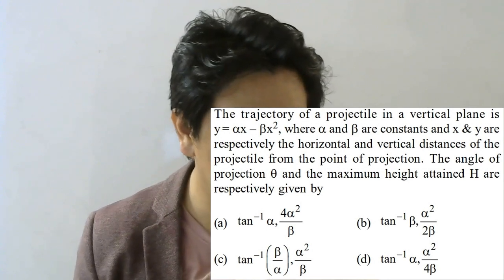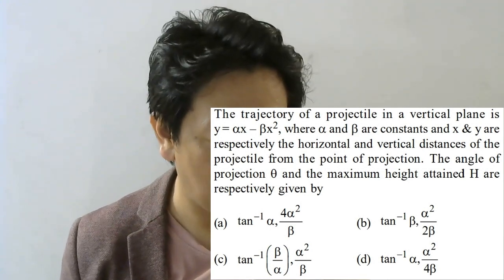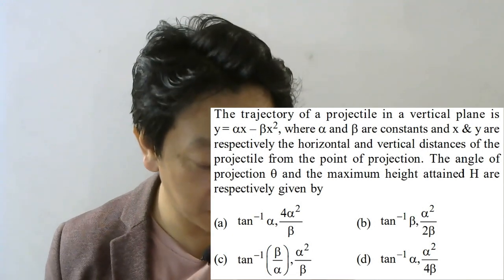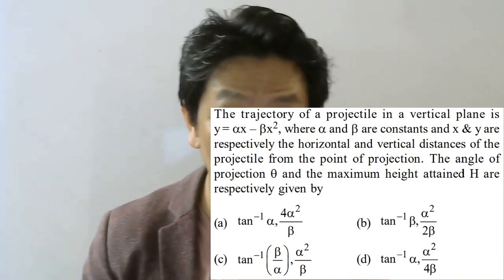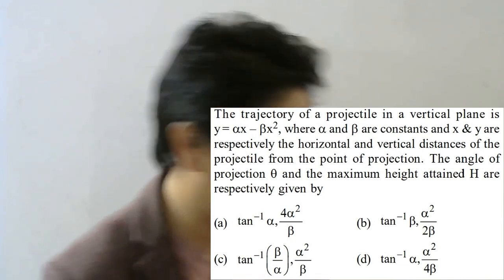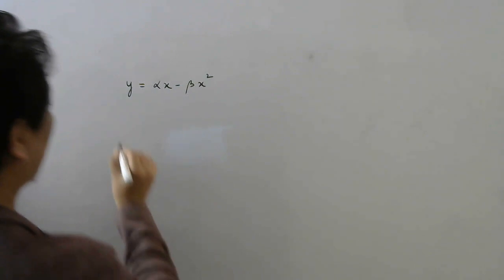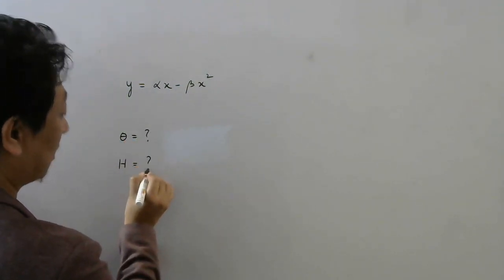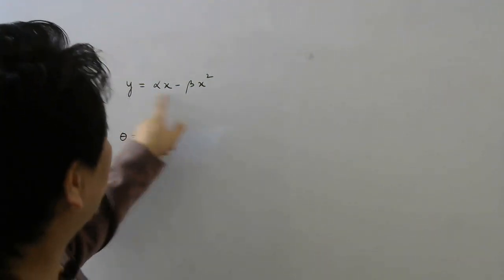The angle of projection is theta and the maximum height attained, capital H, are respectively given by. So they want the angle of projection and the formula for maximum height. So this is the equation given. The answer should be in terms of alpha and beta.